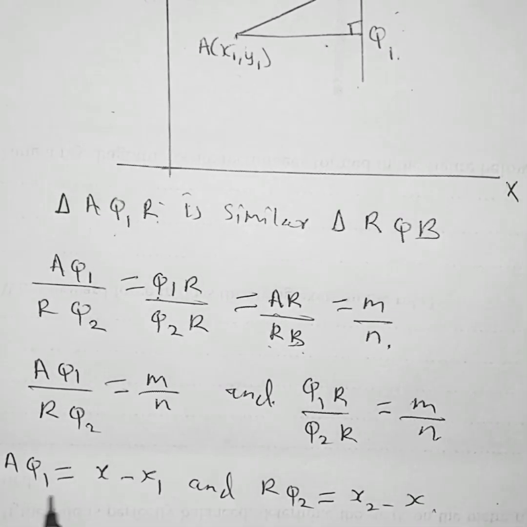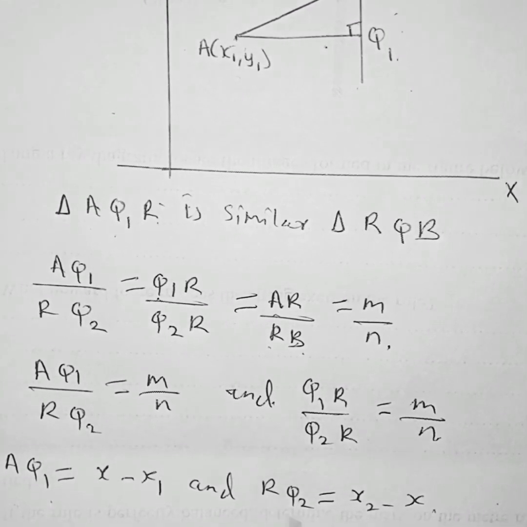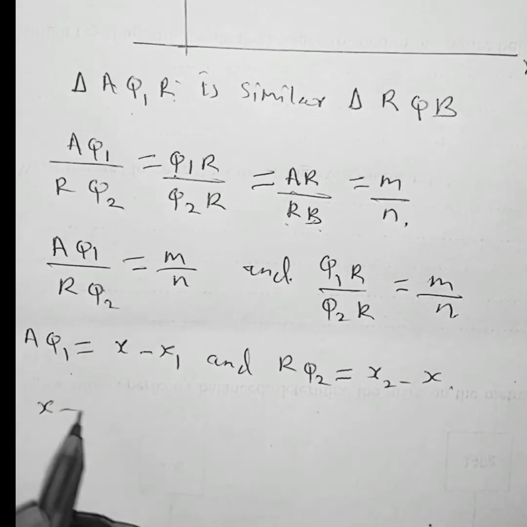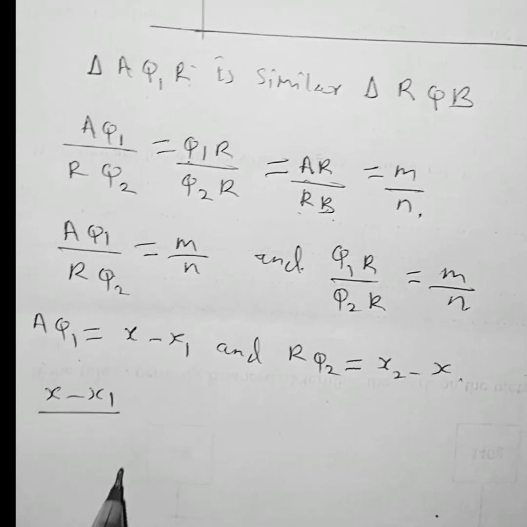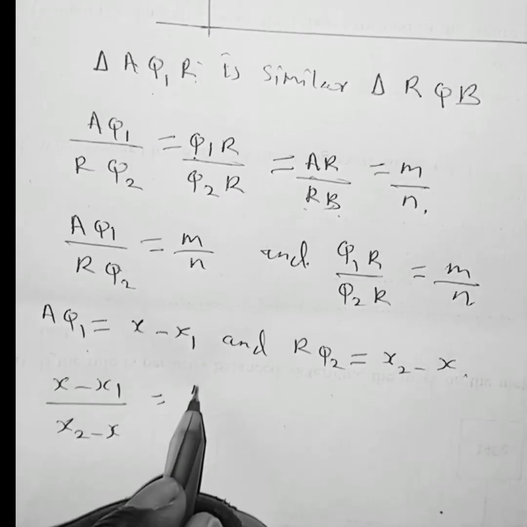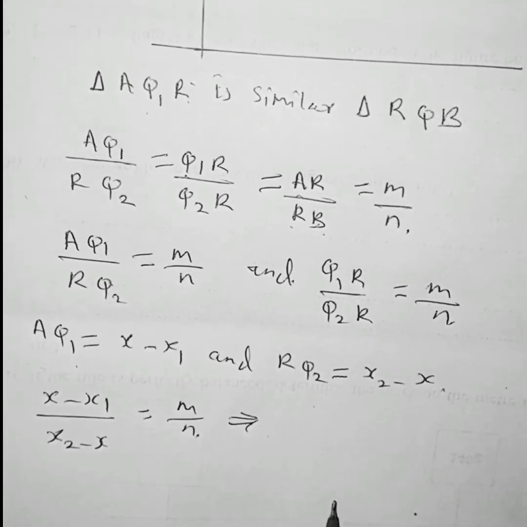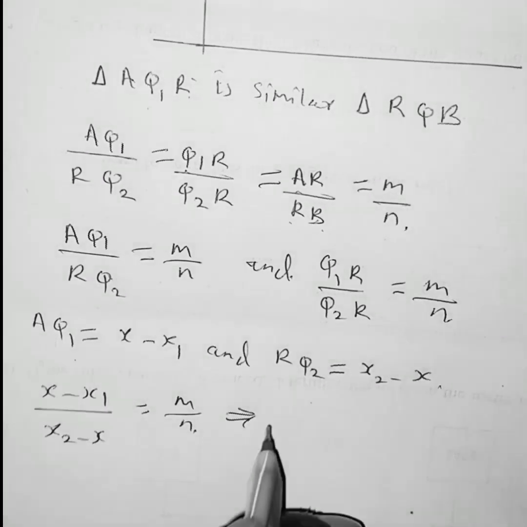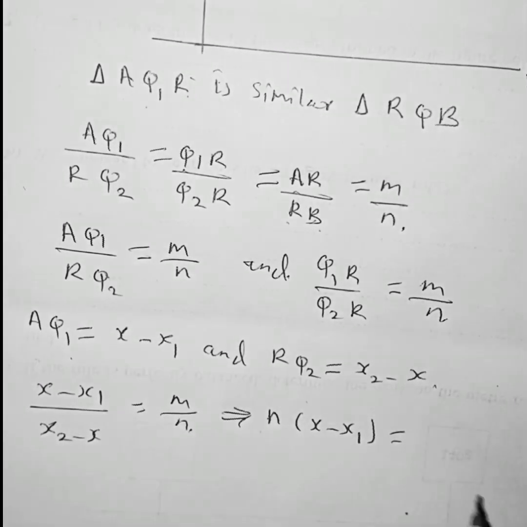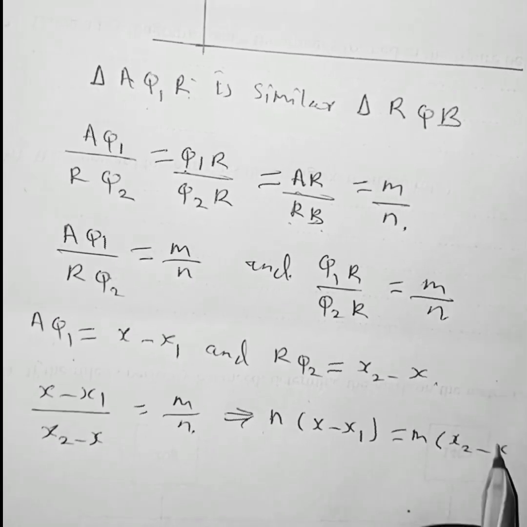So we substitute the values of AQ1 and RQ2 here, so that we obtain (x minus x1) divided by (x2 minus x) is equal to m over n, which implies that when we cross multiply, n into bracket (x minus x1) is the same as m into bracket (x2 minus x).